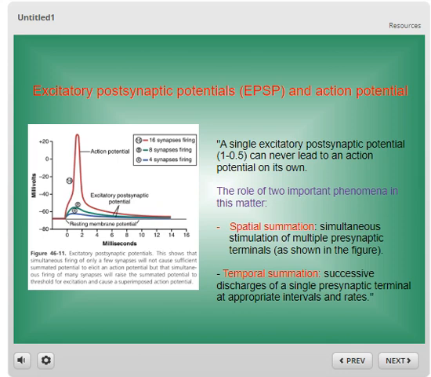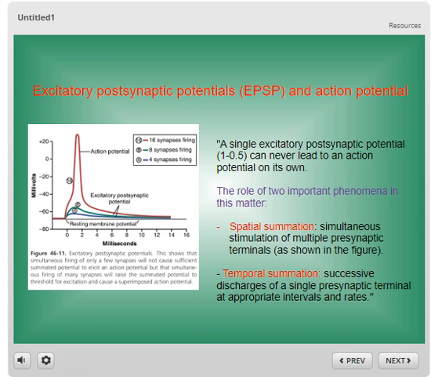EPSPs are small depolarizations of the postsynaptic membrane that occur when excitatory neurotransmitters bind to receptors on the postsynaptic neurons. A single EPSP, typically around 0.5 to 1 millivolt, is insufficient to trigger an action potential on its own due to its small magnitude.